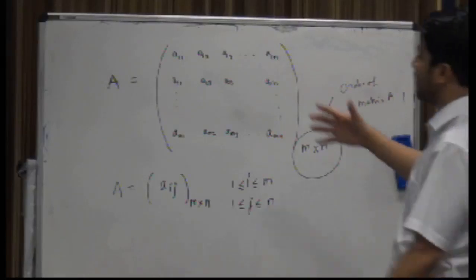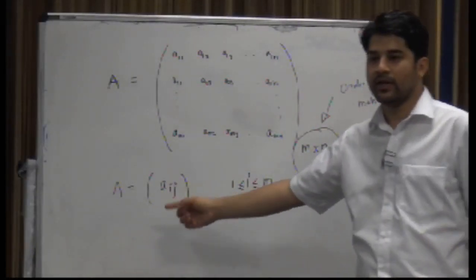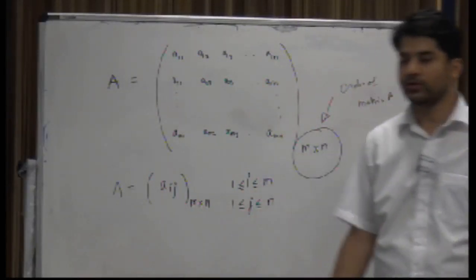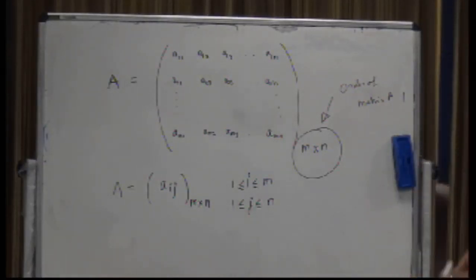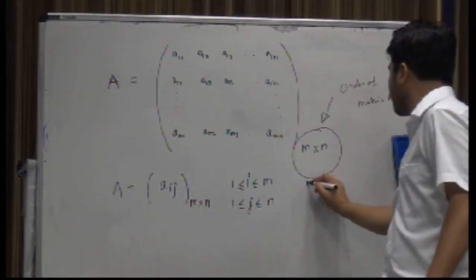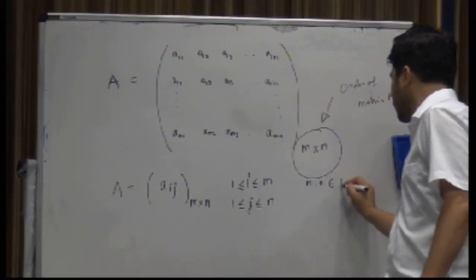So the other way of writing the whole structure is Aij, m cross n, where i belongs to 1 to m and j belongs to 1 to n, and m and n are natural numbers.